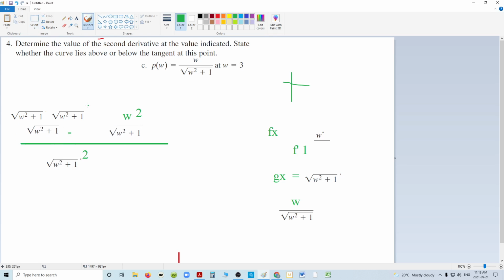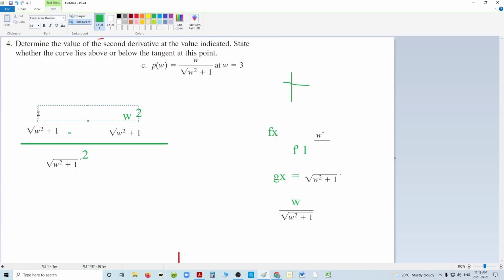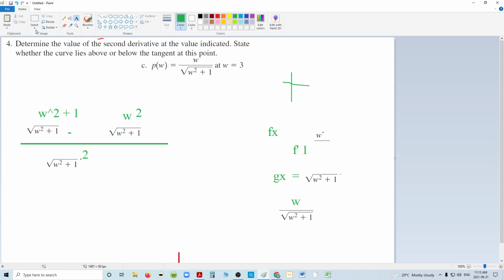When I multiply them, I just get w squared plus 1 at top. Then I have to subtract the w squared, so I just get 1. Since I've made the denominator the same, the top simply becomes this. This is what happens when I subtract them.